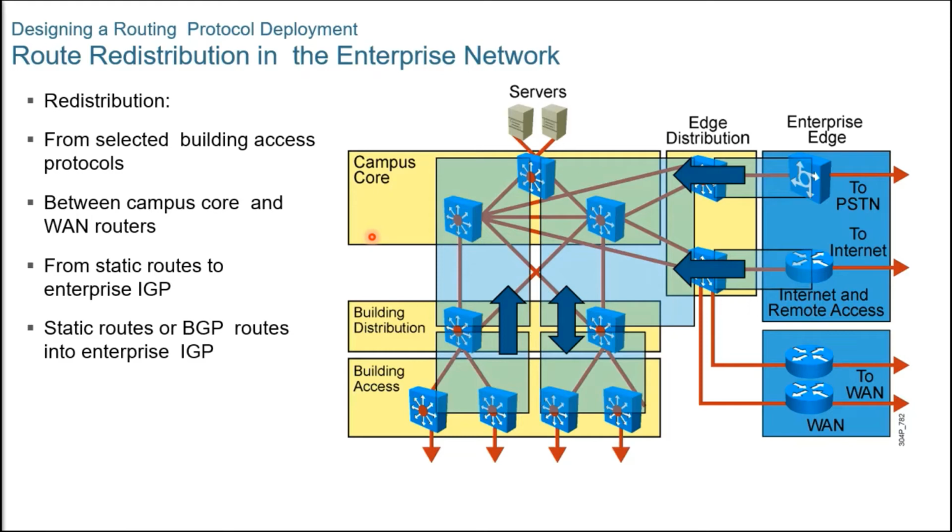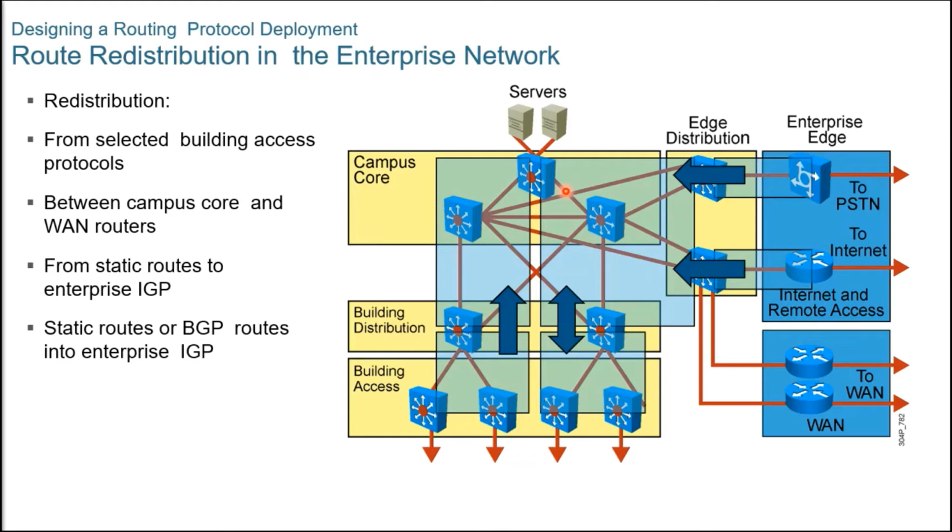Redistribution might also be necessary in the remote access and VPN and internet connectivity modules. Now, for a remote access and VPN module with static routing, static routes are injected into the campus core. In the opposite direction, default routes provide connectivity for remote users.